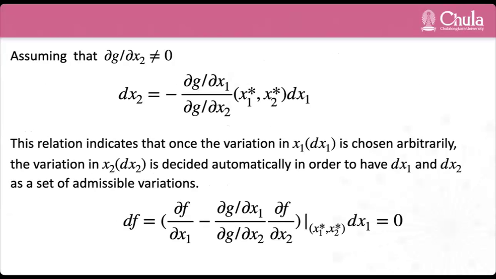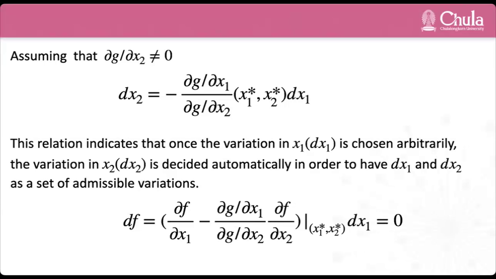Of course df is 0, right? And when we plug dx2 into the original function, we get the partial derivative of f with respect to x1 minus this term. Very long, it's complicated to read.